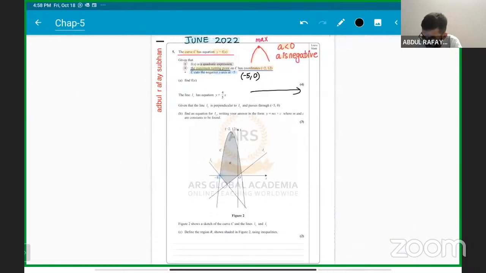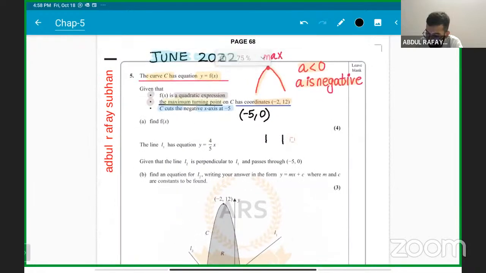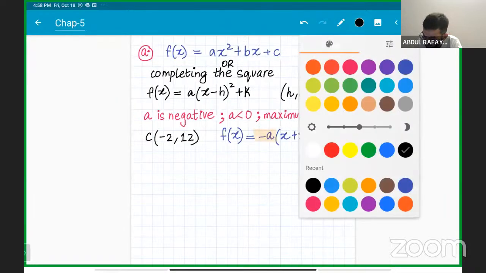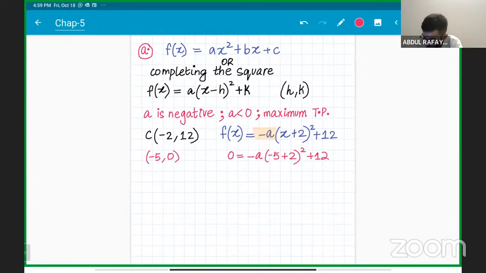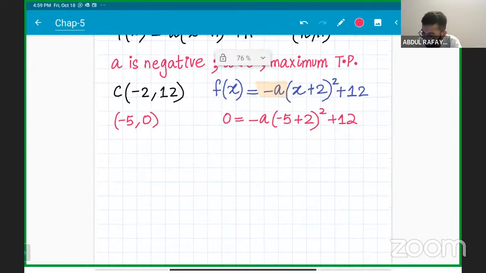At every point on the x-axis, y is 0. So we have this coordinate as well, students. When x is -5, y will be 0. You can just substitute and get the a value as well, students. Okay, so it will be -5 plus 2, which is -3.